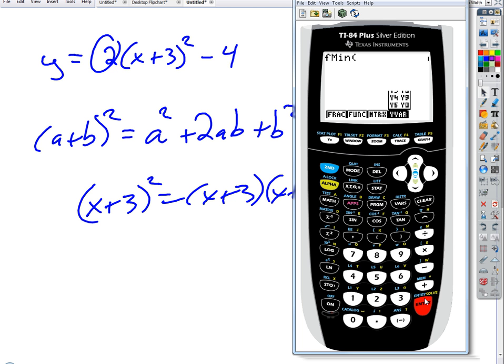If I go alpha f4 y1, normally you would just put in the function in terms of x. So whatever it was, the quantity x minus 2 squared plus 5 is what I think it was. You put that in there, then you put a comma. It needs to know what's the independent variable, x, right? So x is the horizontal variable. And then I want to look between what two x values.